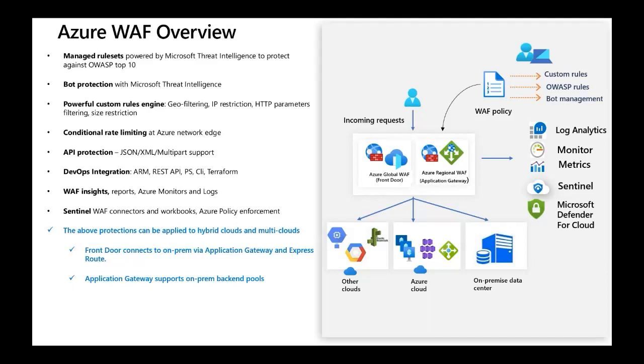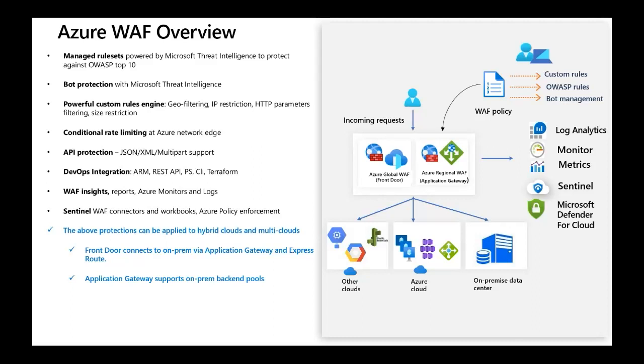And with this, you're able to get what I can call deeply integrated experiences with Sentinel, which is Microsoft's Cloud SIEM. And also, apart from that, you're able to deploy and integrate with Microsoft Defender for Cloud, Azure Policy, Azure Monitor, and of course, you'll have your metrics and logs for analysis.